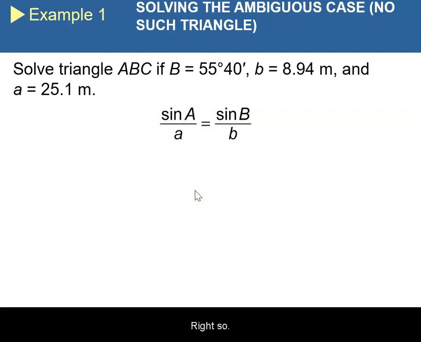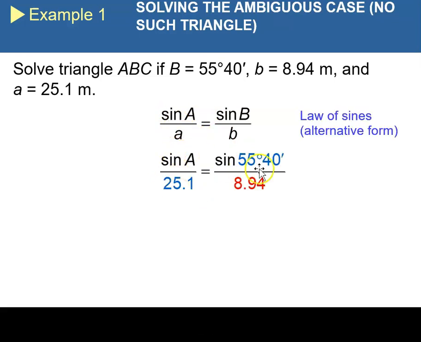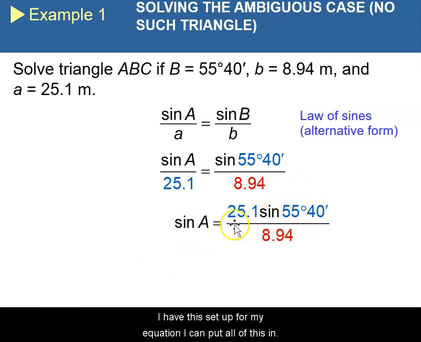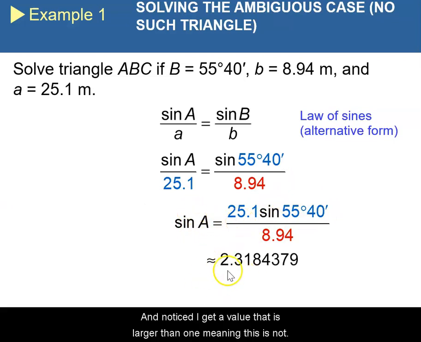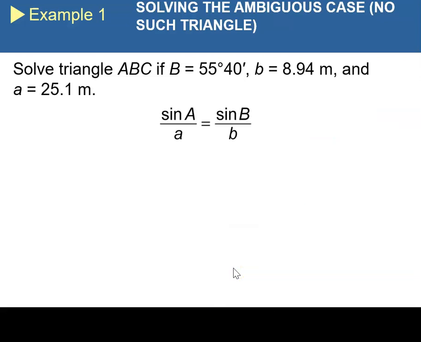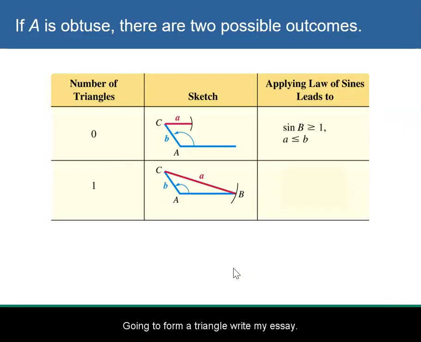I will plug in the things that I do have, and I will basically multiply both sides by 25.1. Obviously, I would like to find this value, although I don't necessarily have to find that value just yet. So I have this set up for my equation, I can plug all of this in, and notice I get a value that is larger than 1, meaning this is not going to form a triangle, right?